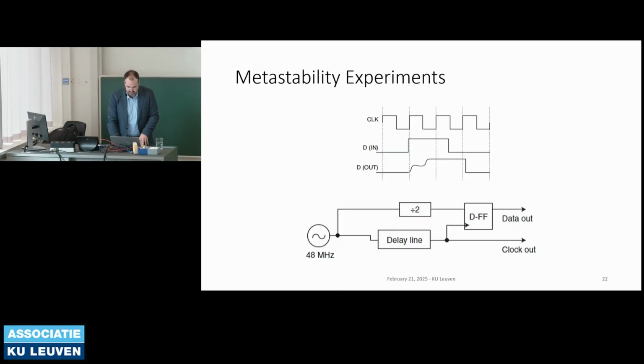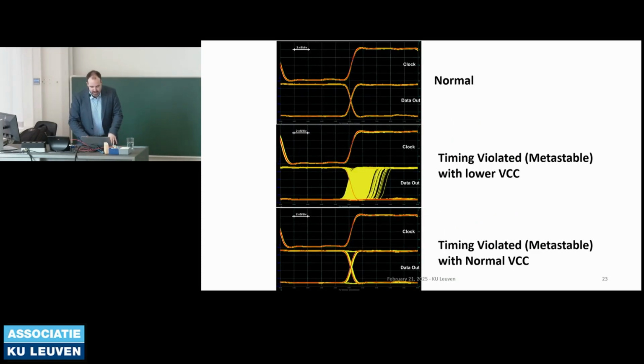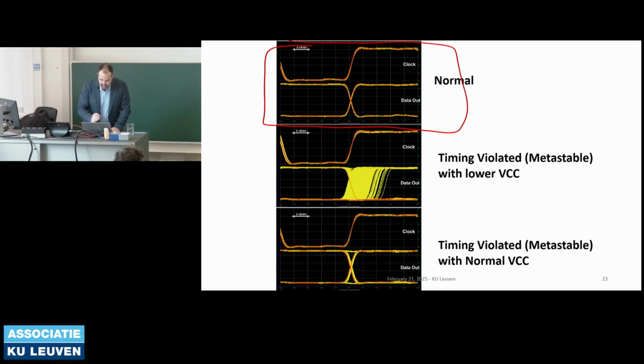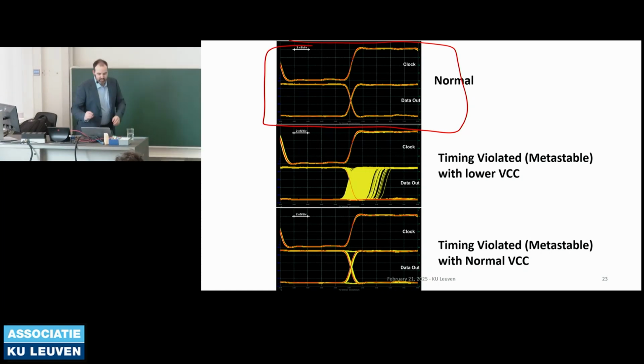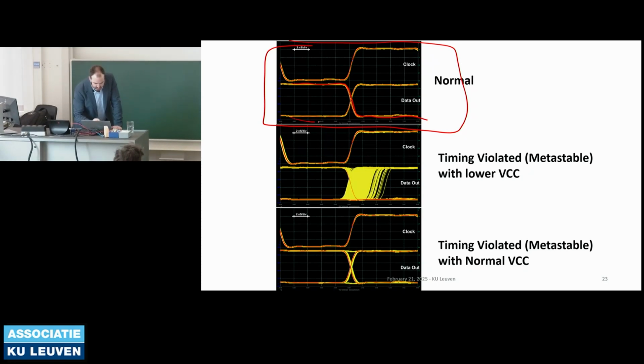For example, this was a quick experiment I did where I purposely feed in data that's changing too close to the clock, and I measure what the output does. So at the top here, this is what should happen. I have data in and data out. It's always 1 or 0, and I'm just randomly changing it to 1 or 0.